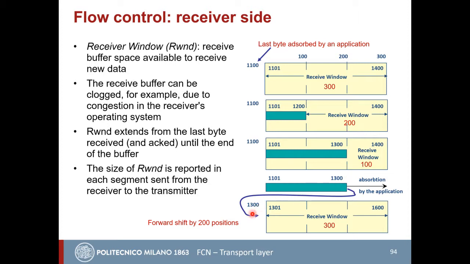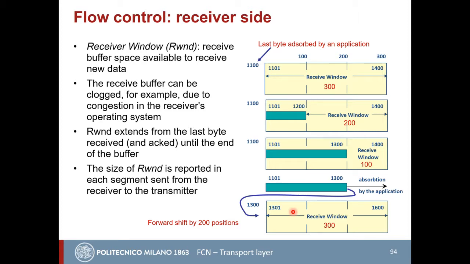At a certain point, the application reads all these bytes that are stored in the buffer, and therefore the buffer slides by many positions. Now the bottom of the buffer is locked at byte number 1301. The receive window is again coincident in size with the buffer, because the buffer is completely empty at this moment.